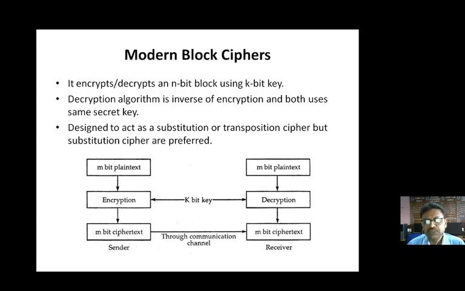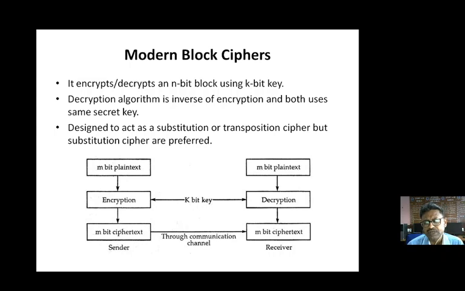Once we do the substitution process, it may be possible that we will have 34 zeros and 30 ones in the ciphertext.